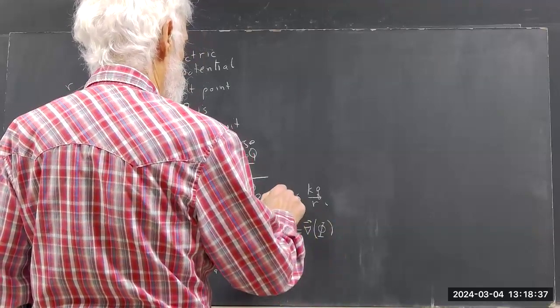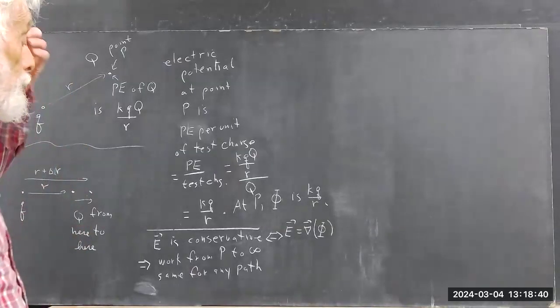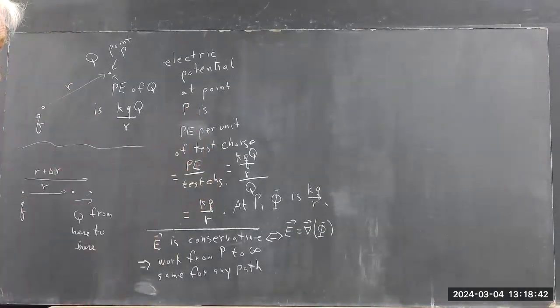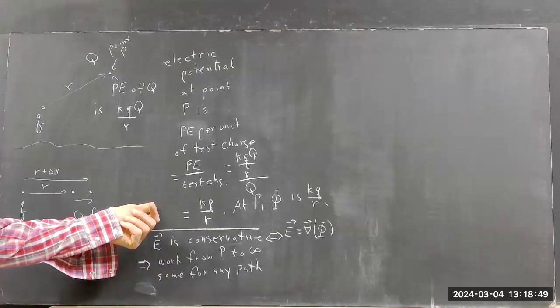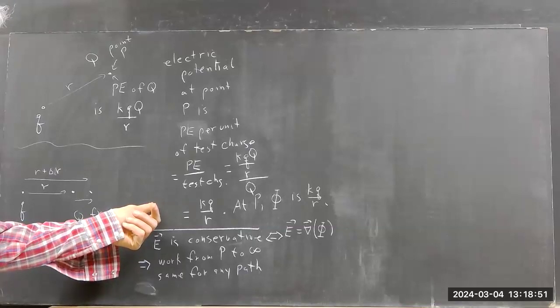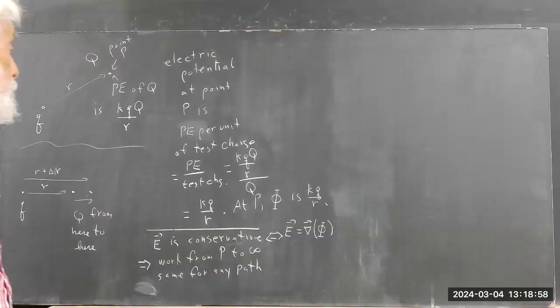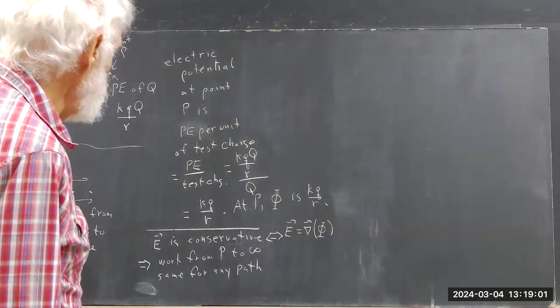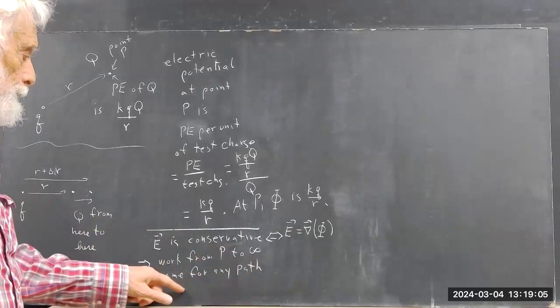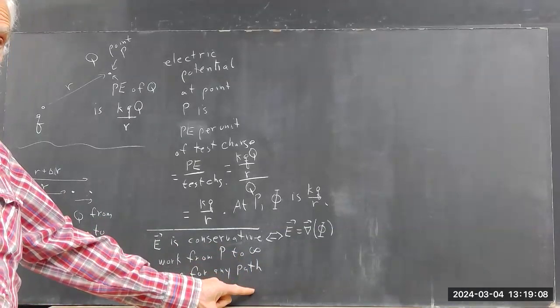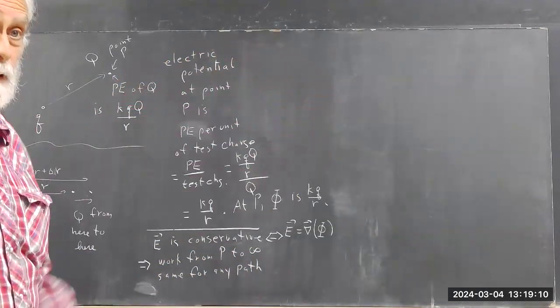Sometimes you see one, sometimes you see the other. This is really foundational. The important thing is, since it's the same from P to infinity on any path, it doesn't matter how you choose to get there.